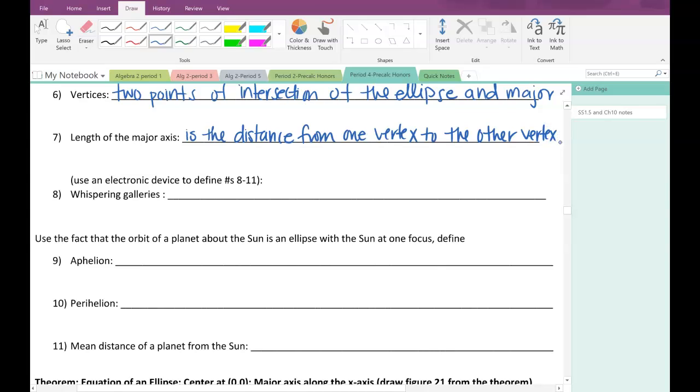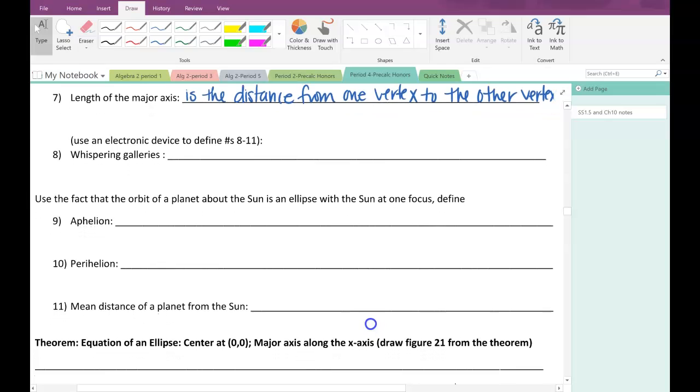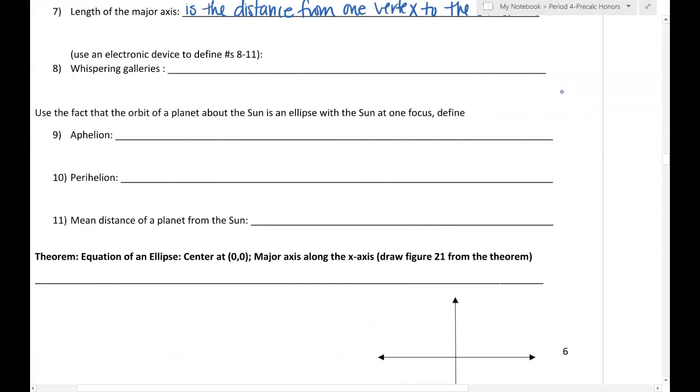Now, normally, I would ask you to use your electronic device to define the whispering galleries, but I'm just going to give it to you in this set of notes, okay?